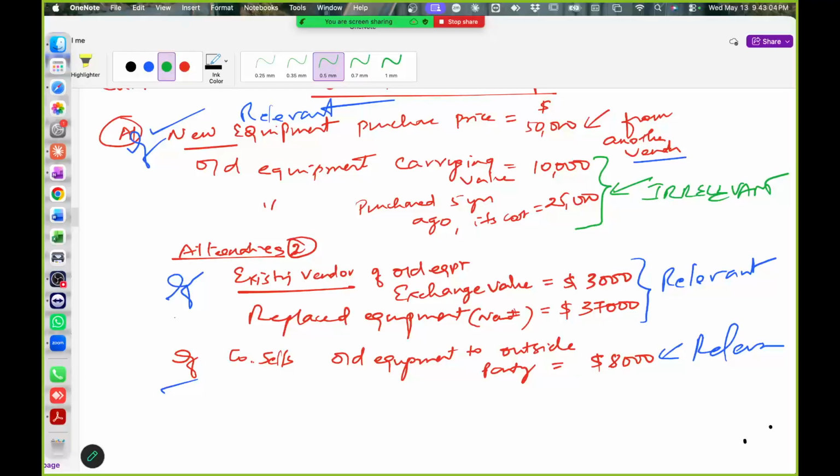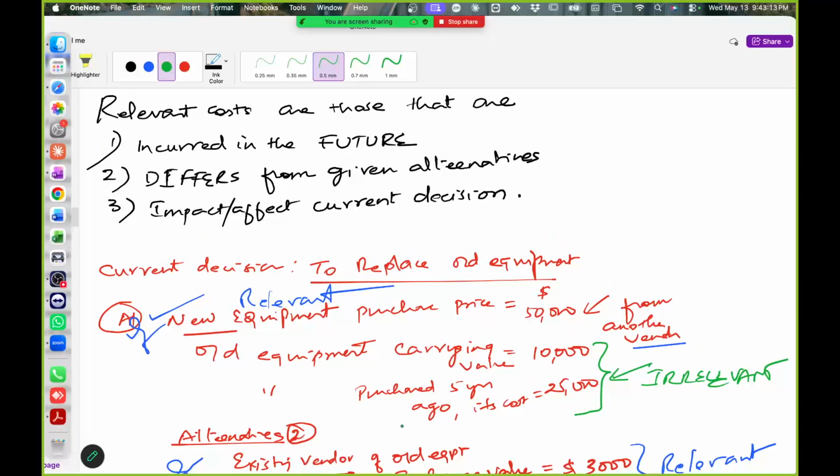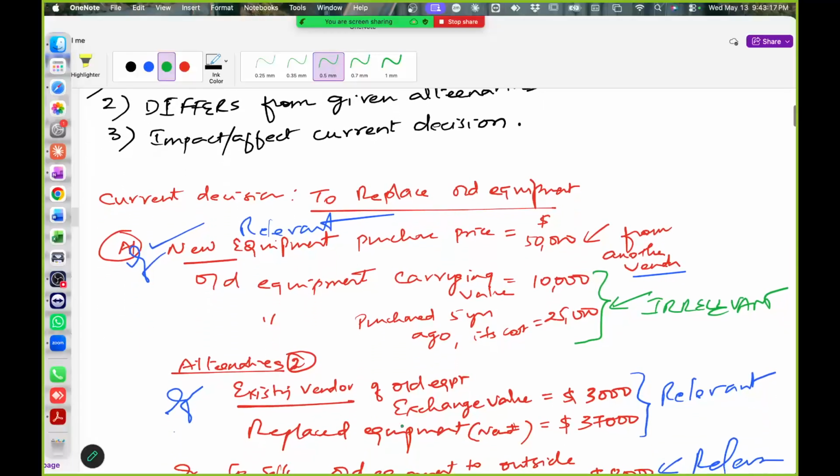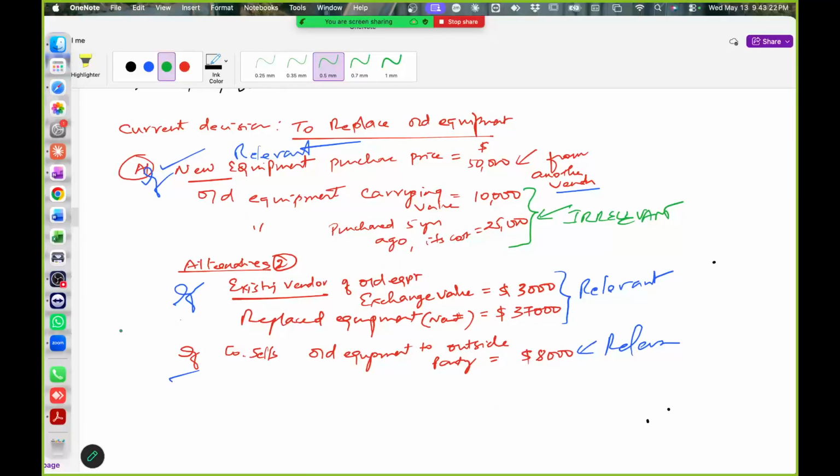Now, first criteria: incurred in the future. I will only consider those. Next, it should differ from the given alternative. Alternative 1, alternative 2: new vendor, existing vendor offer price.